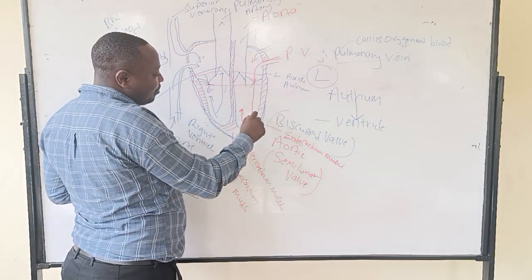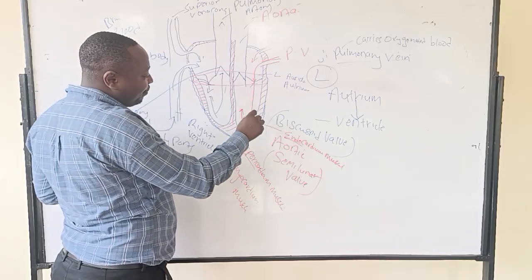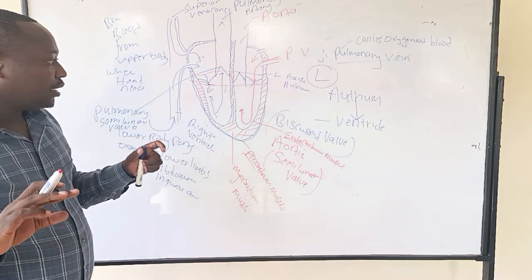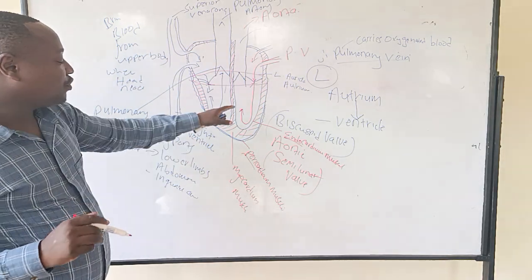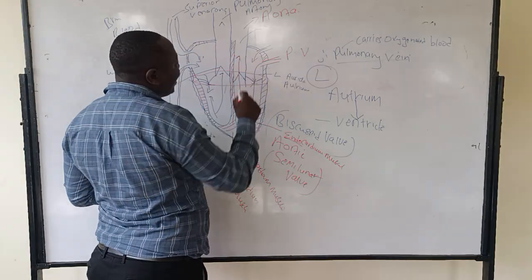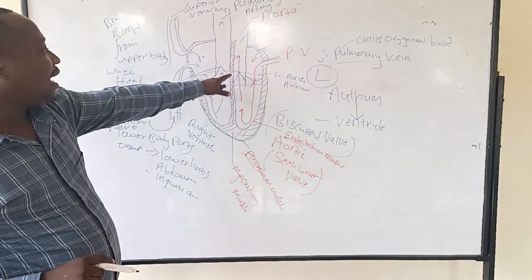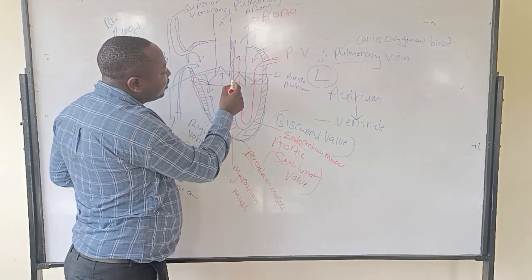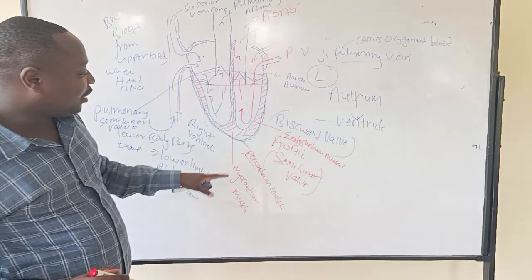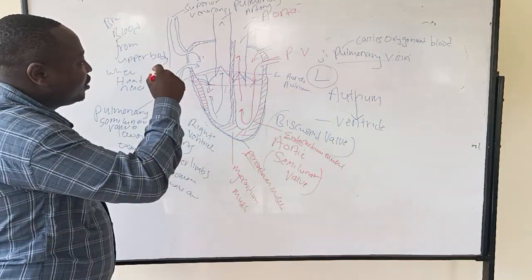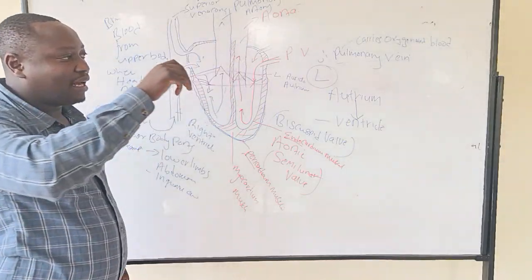Then once the left ventricle contracts, it forces this blood to move out of the heart through the aorta. Here we have a one-way valve, which we call the aortic semilunar valve, which allows blood to flow to the aorta.